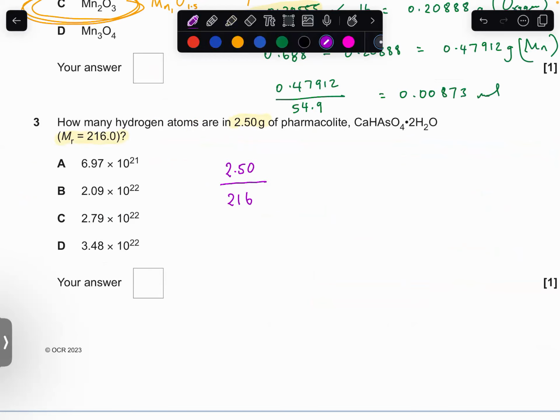And you see per 1 mole of the compound, there are 4 plus 1, which is 5 moles of hydrogen per 1 mole of the compound. So we then multiply that by 5 and then multiply that by Avogadro's number.